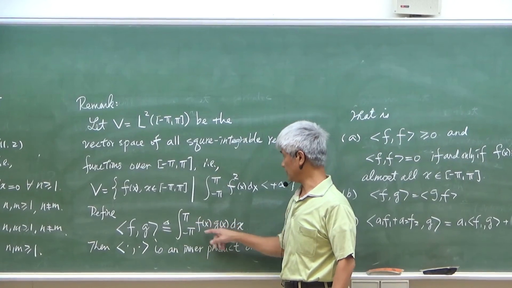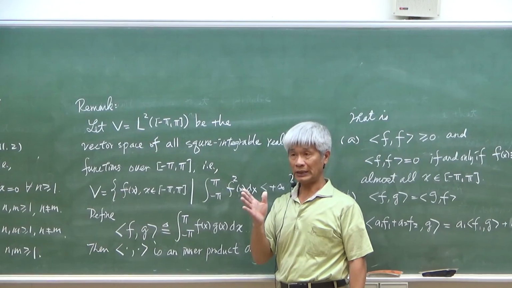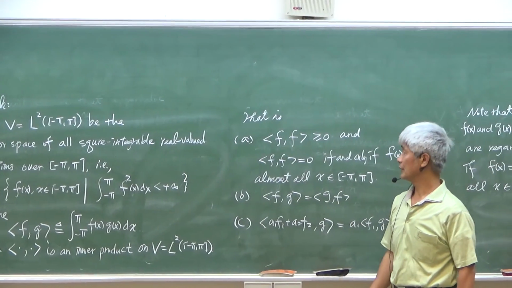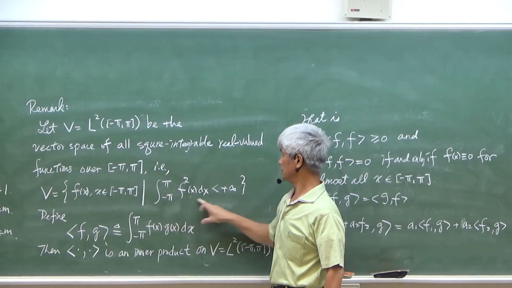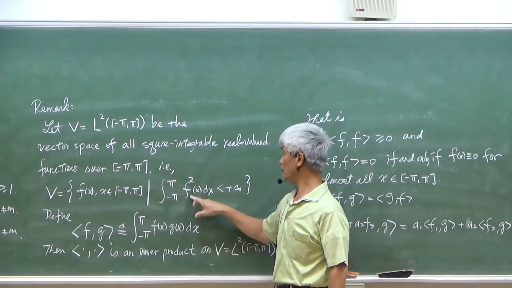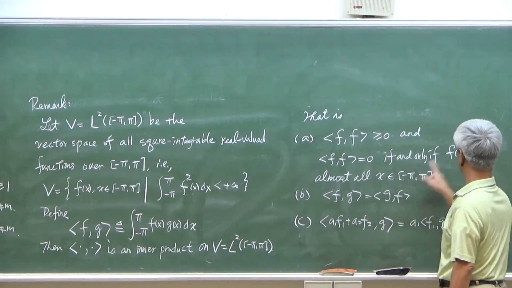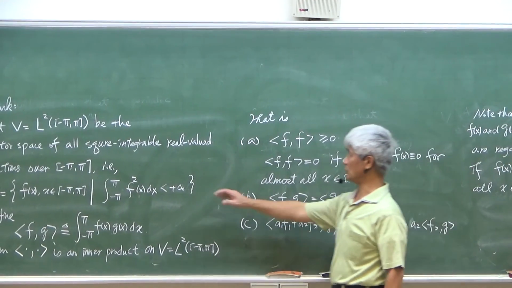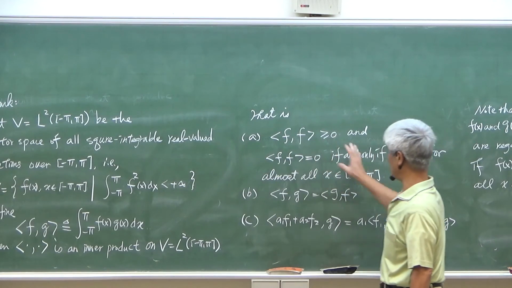So the integral of a non-negative function will be non-negative. The second thing is if this integral is 0, then for almost all points the function value should be 0. Otherwise, the integral will not be 0.